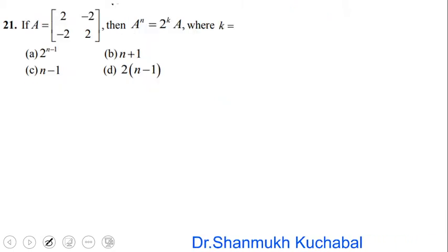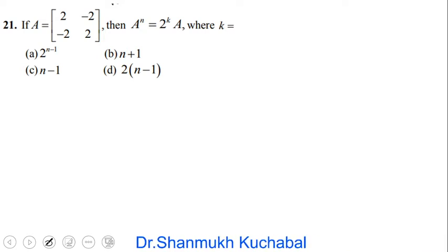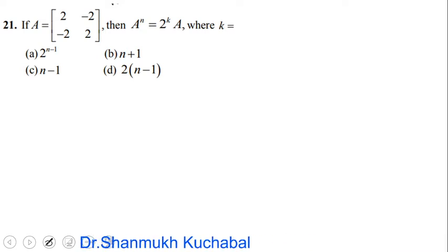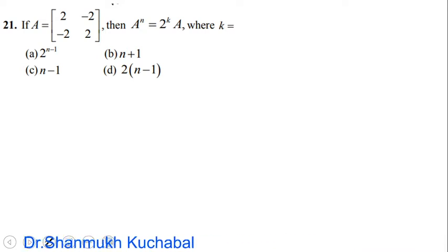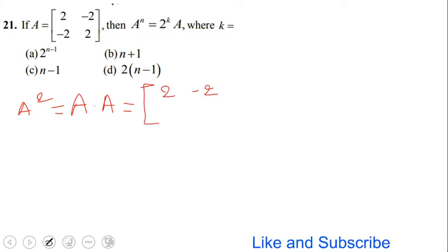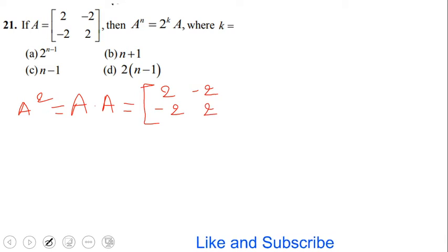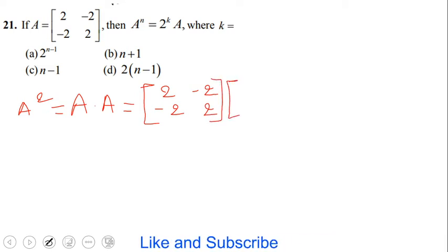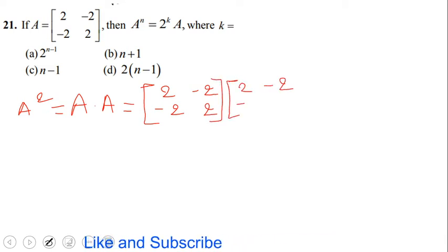The question is, A equals a matrix, then A raised to n equals 2 raised to k into A, and the value of k we have to calculate. So I calculate A square. A square can be written as A into A. A is 2 minus 2 minus 2 2, into once again 2 minus 2 minus 2 2.